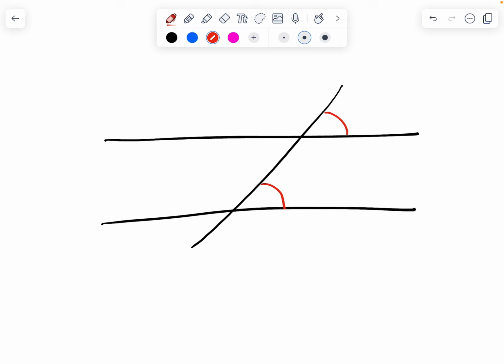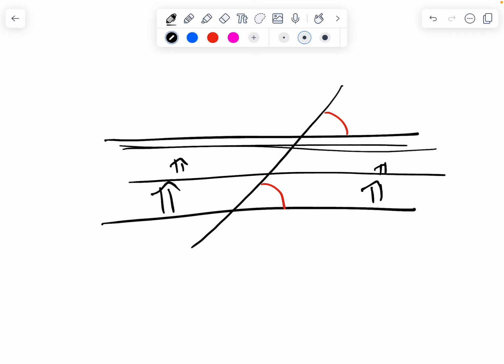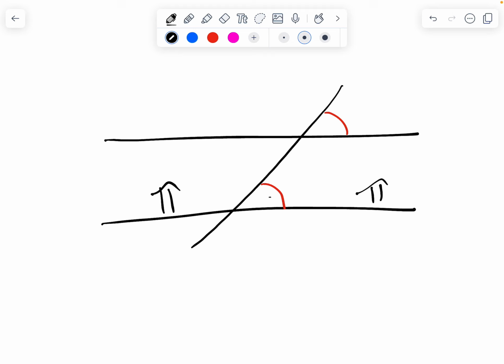These are called corresponding, and the reason why is if I take this line and move it up and up and up, then this red angle is going to move up, and its new home is going to be right there. So they're called corresponding because they're in the corresponding position for both of those.